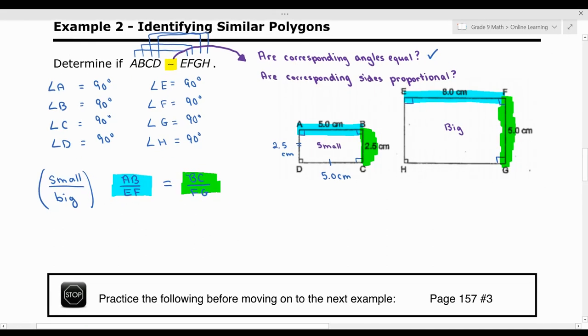Okay, let's plug in some numbers. So AB, I am comparing 5. I'm going to drop the units. So I'm comparing this side length of 5 to this side length of 8. And then BC, I'm comparing this side length, which is 2.5, to this side length, which is 5.